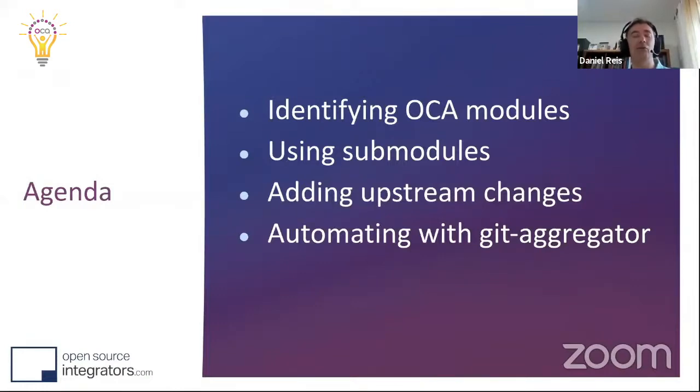You may want to have a tool that automates that for you. And Git Aggregator is a great tool. Thank you, Stefan. This is from Akretion, a team who built this, and credits there for them. And I'll introduce you to these two. So these are the basic components of what we'll be talking about today.